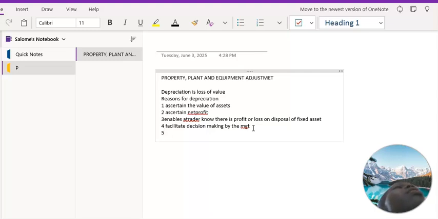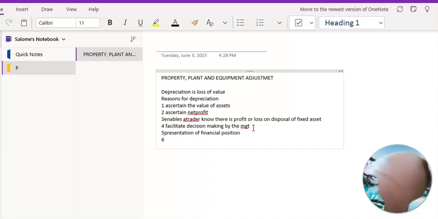And therefore, if we don't depreciate, this means we do not reduce their value by what they have lost. We will not have the correct figure. So it is used in the presentation of financial position, or sometimes known as the balance sheet.